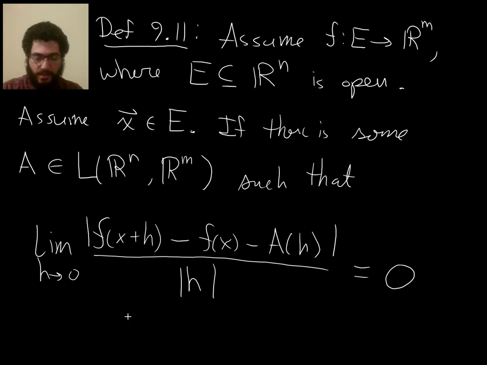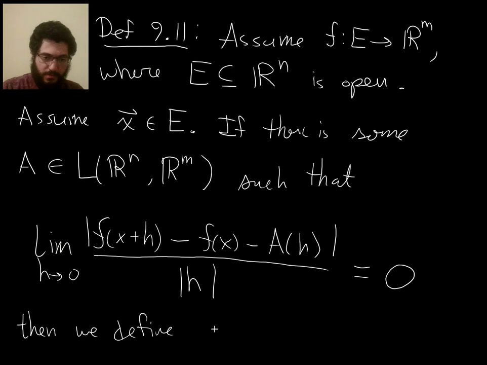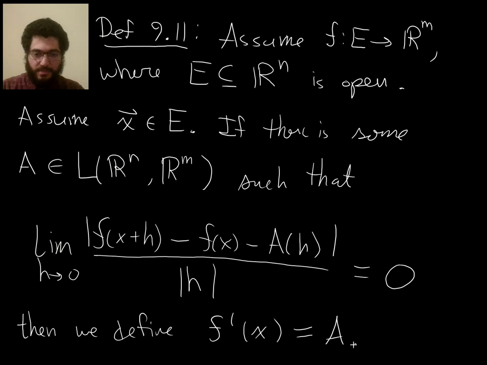If there is some A that does this, then we define the derivative of f at x, also known as f prime x, to be that A. So this is the definition of the derivative of f at x. So then the derivative of f at x is a certain linear map from Rn to Rm.